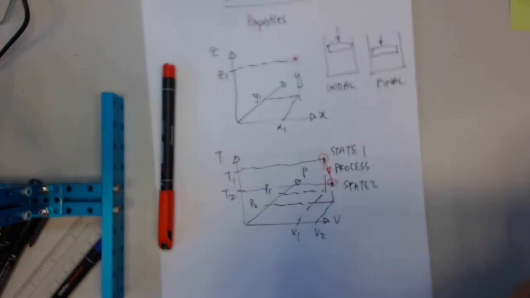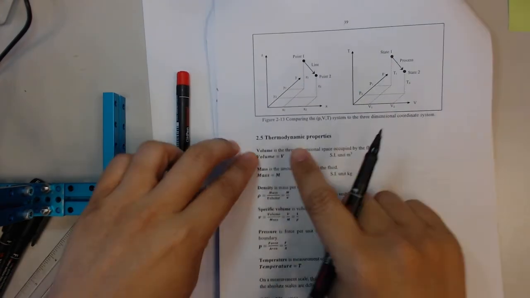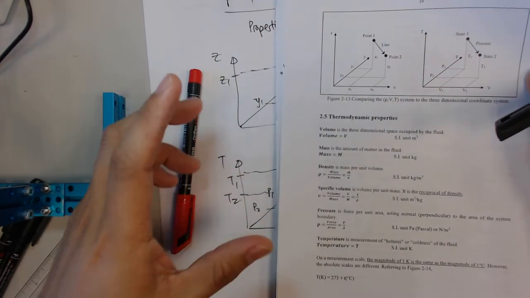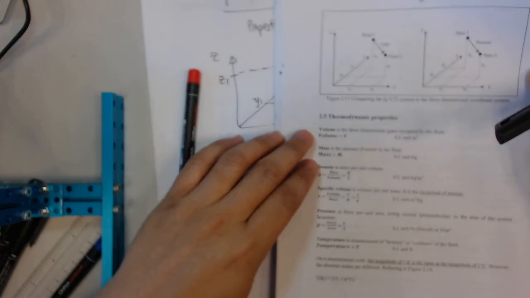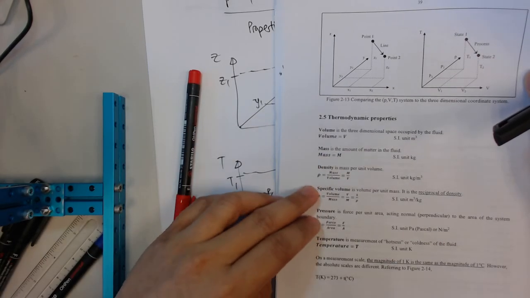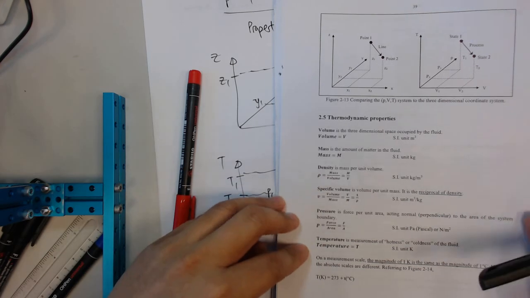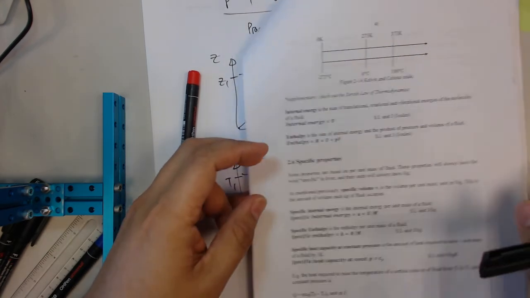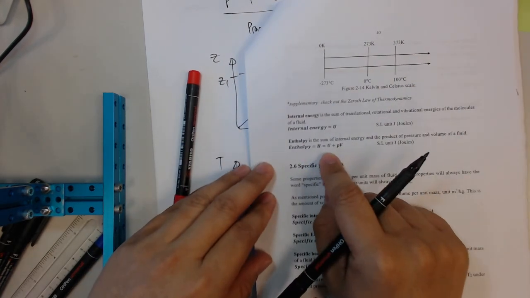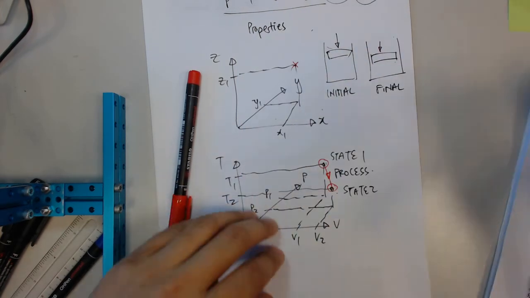And in the notes, you will see in the last few parts there will be mention about different kinds of properties that are important to this module, mainly volume, mass, density, pressure, specific volume, temperature, things like that. And we're going to introduce a type of energy called enthalpy, which builds on the internal energy.